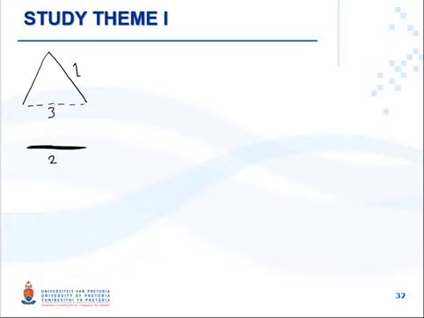Now we have these three surfaces. What we need to find is F11 and F12. So the question is asking us to find these two view factors.